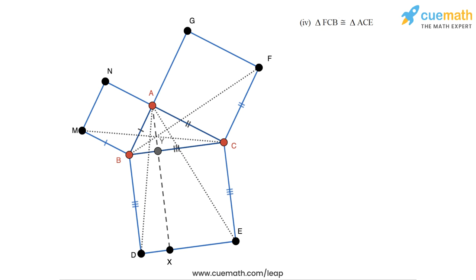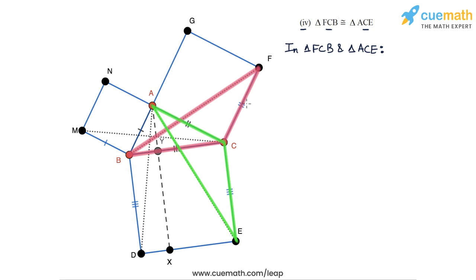Now part 4 is actually quite similar to part 1. We have to prove that triangle FCB is congruent to triangle ACE. Triangle FCB is this triangle and triangle ACE is this triangle that I've highlighted. Now let's compare the corresponding parts in these two triangles. Which are the corresponding parts which are equal?